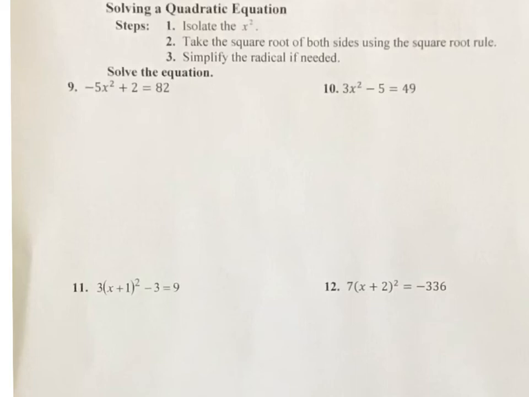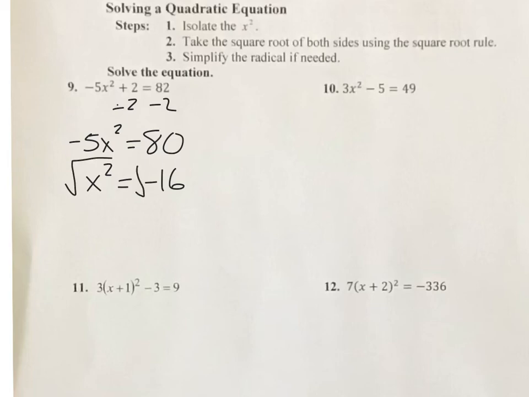Now, looking at this right here, we would subtract 2 on either side, and that would give us negative 5x squared is equal to 80, okay? Now, remember, we divide on either side, and so we have ourselves a negative 16, right? Now we take the square root on both sides, just like yesterday.